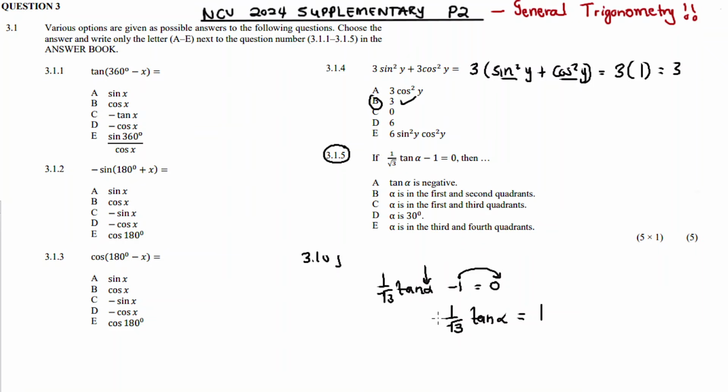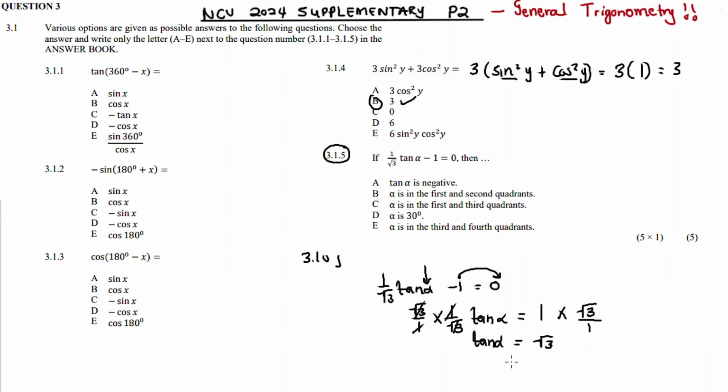So I'm going to multiply by the multiplicative inverse of this, which is going to be 3 square root 3 over 1. What I do on the left hand side, I also have to do on the right hand side. The 1 cancels that. I'm left with tan alpha equal to the square root of 3.